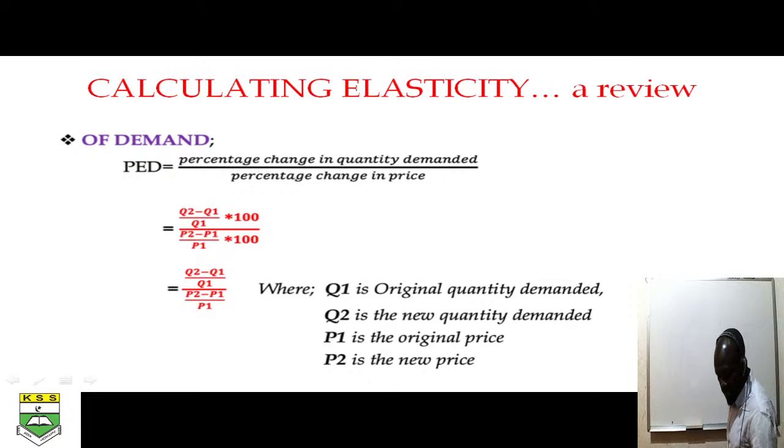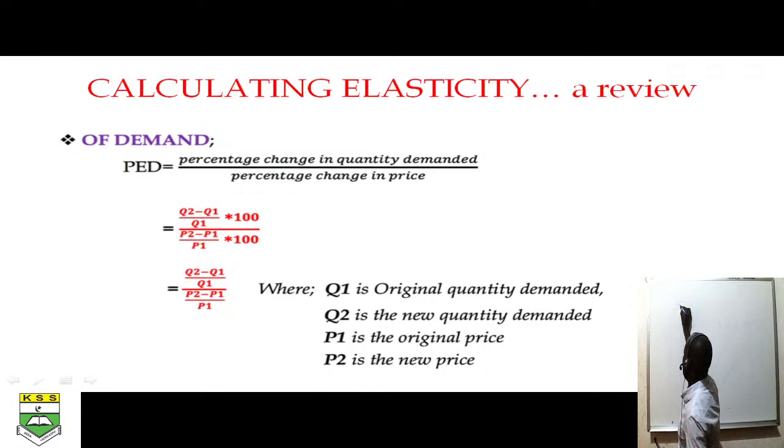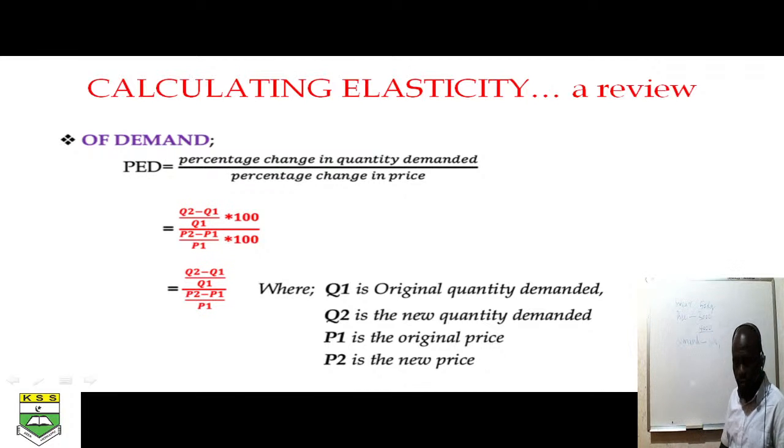If someone says the demand for a specific product, maybe a demand for sugar in maybe Tinder market, was 50 kilograms when the price was 3,000, and when the price changed to 4,000 the demand reduced to 30 kilograms.